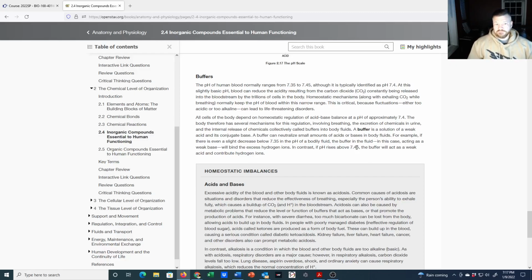In fact, if your pH starts to drop to 7.35 and maybe slightly lower, your respiration rate will increase a little bit. You'll drive off some CO2 and that'll bring your pH back up. If the pH gets a little too high, close to 7.45, you might slow your breathing rate down a little bit, not consciously, and that'll help maintain it. The other thing that can happen is with your kidneys. If the pH starts to get a little too low, you'll excrete excess hydrogen ions, and that'll help you maintain.